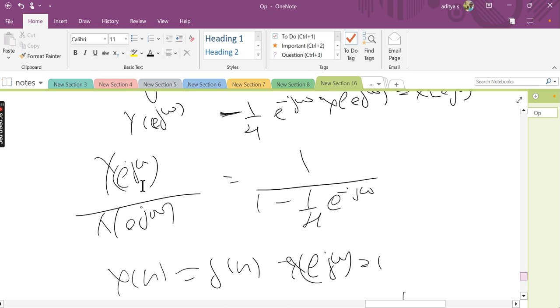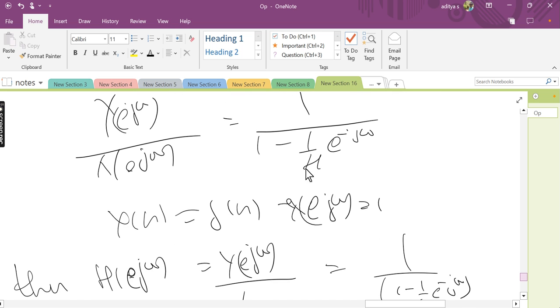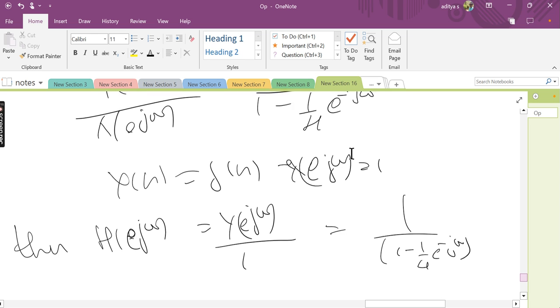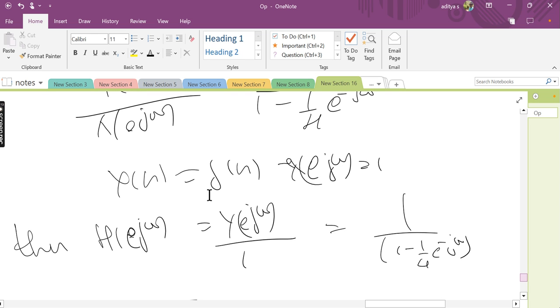So Y of e raised to j omega equals X of e raised to j omega over 1 minus 1 by 4 e raised to minus j omega.